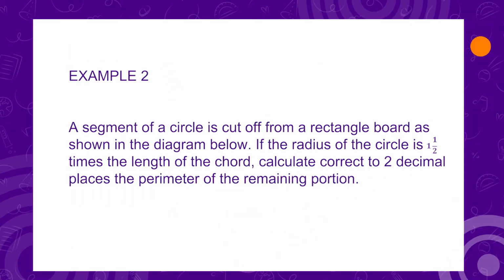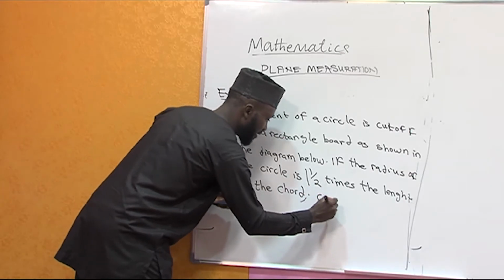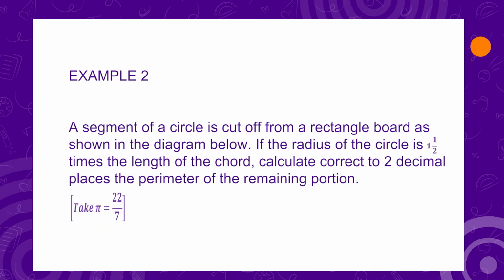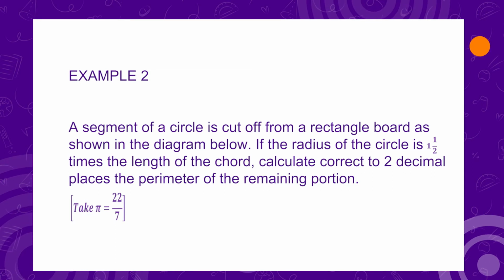If the radius of the circle is 1 1/2 times the length of the chord, calculate, correct to 2 decimal places, the perimeter of the remaining portion.